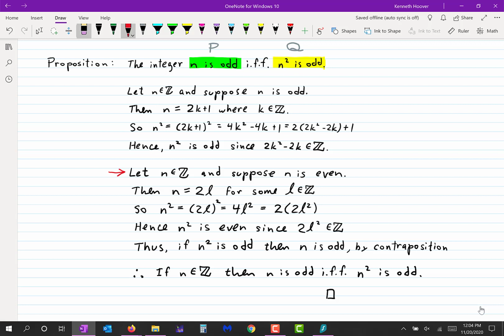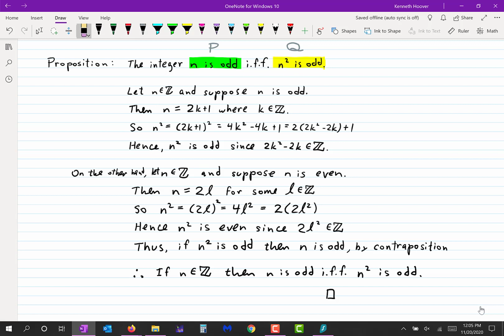So I would do it like this. I would say, on the other hand, let n be an integer and suppose n is even.